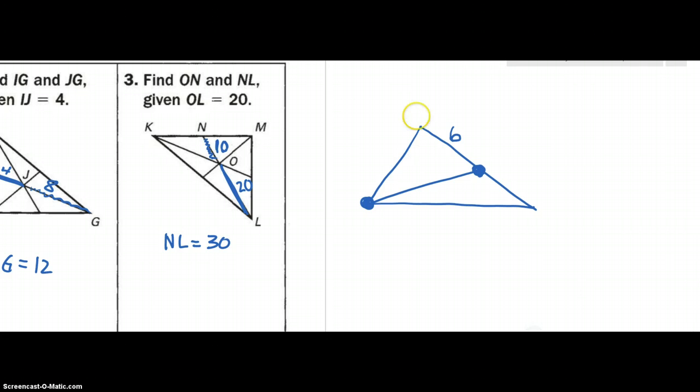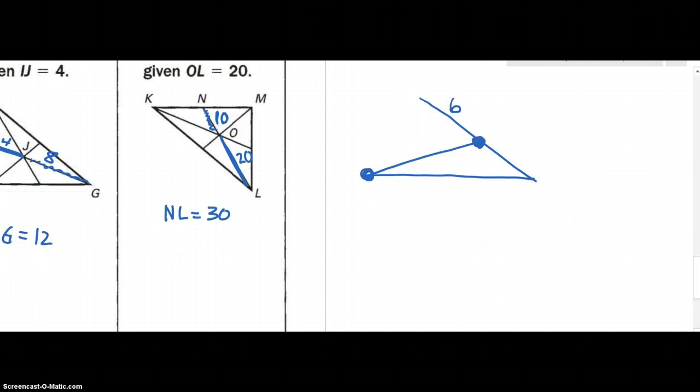I am going to call this A. I'm going to call this B, and I'm going to call this C. I want you to find the length of BC, and I want you to find the length of AC.